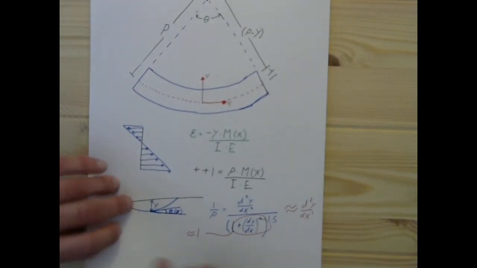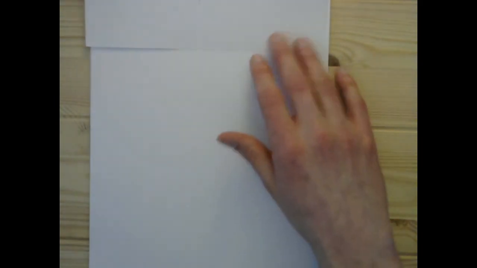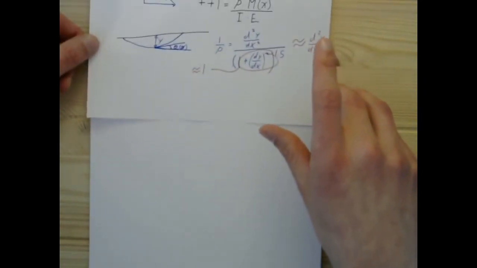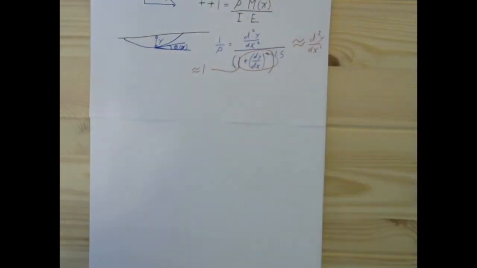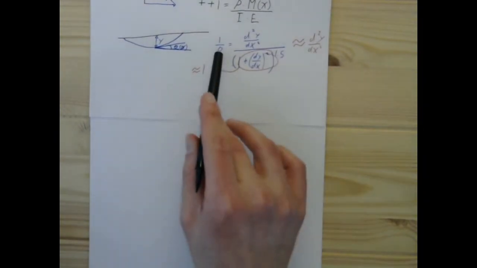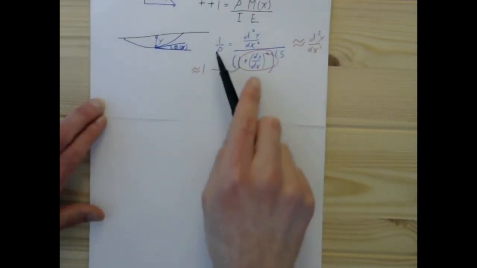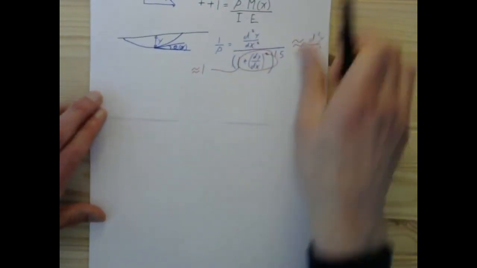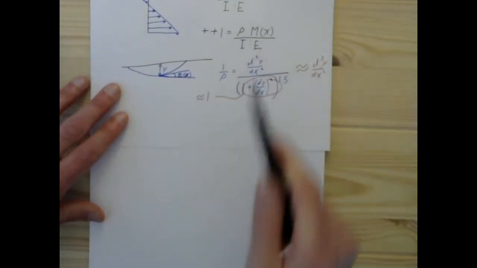But I'll have to change page. Let's just slide that on up. Not that far. But we've already got a value or an equation for 1 over rho, right? Or rather, we have this equation we've already determined.